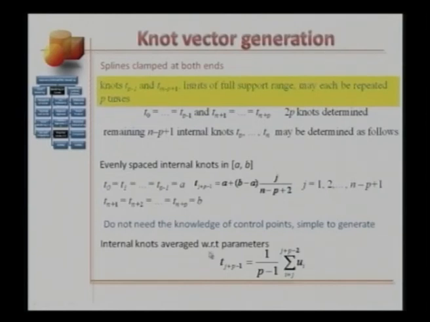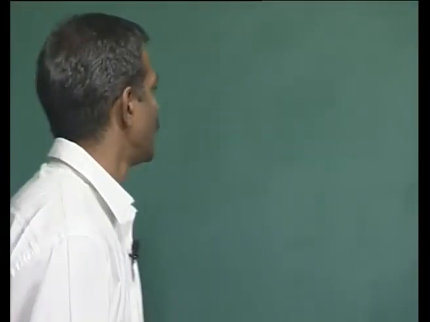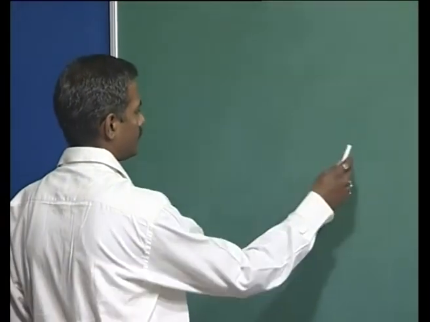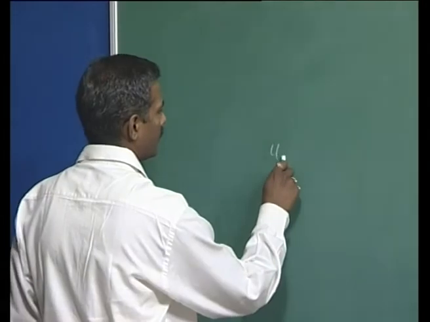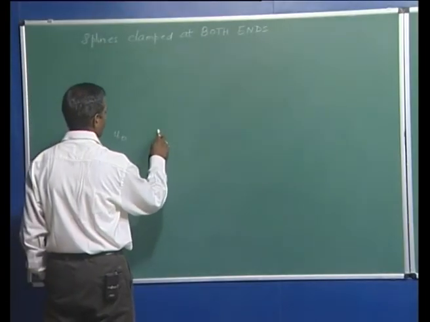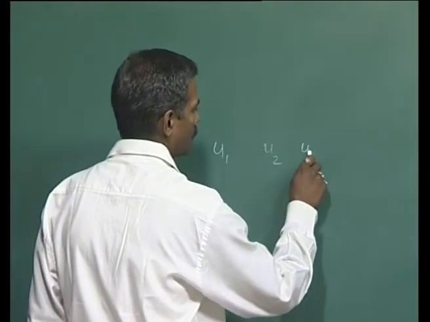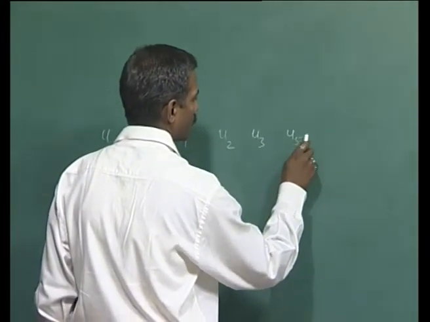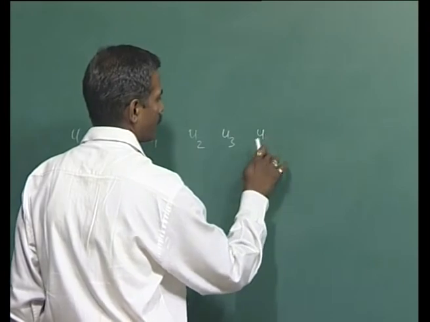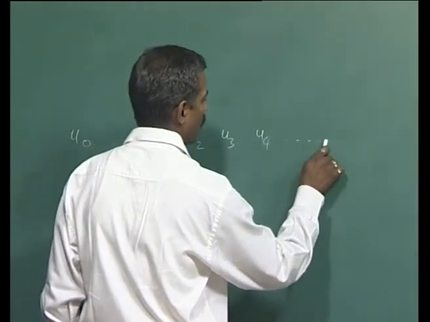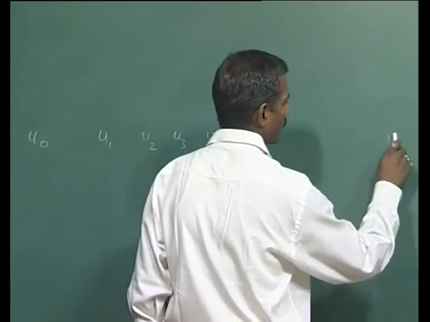Now what's happening here? So say we have parameters u0, u1, u2, u3, u4, and so on up till un.